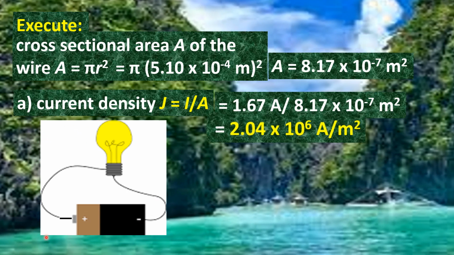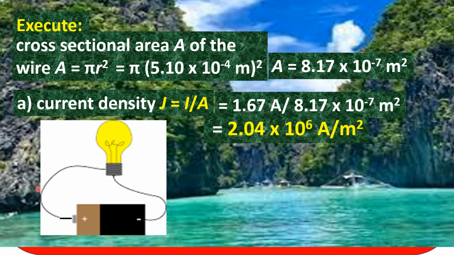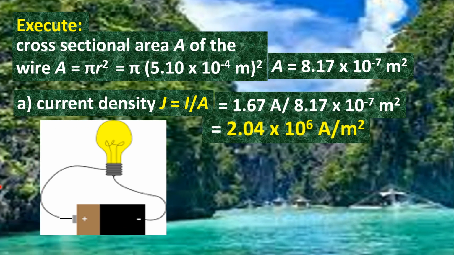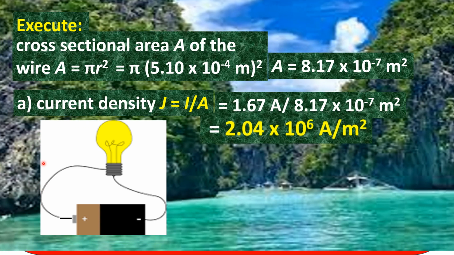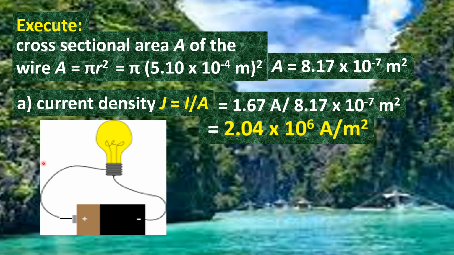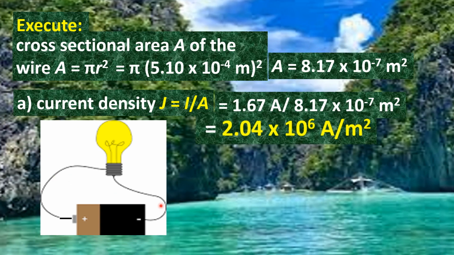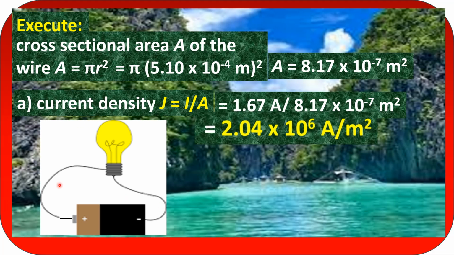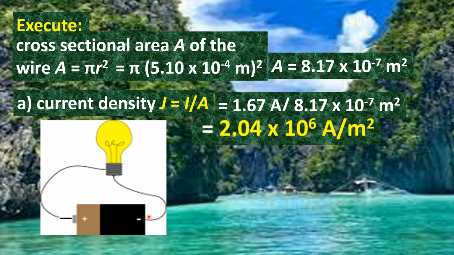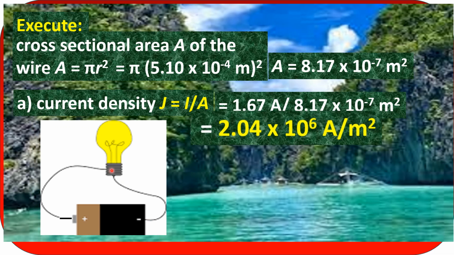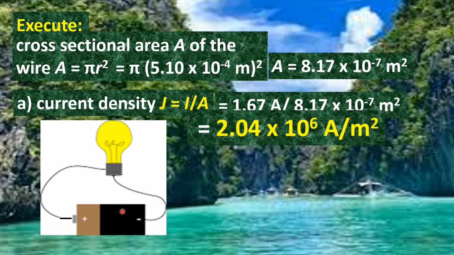For example, in this diagram, the current through the given circuit may be constant or the same at any given point in the circuit, whether it is in the wire, in the battery, or even in the filament of the bulb. We say that the current is constant.